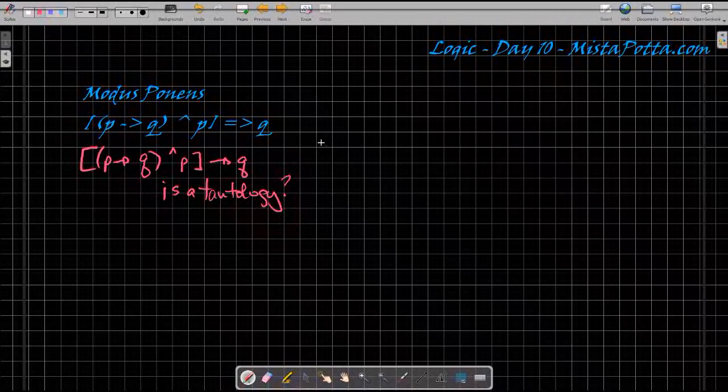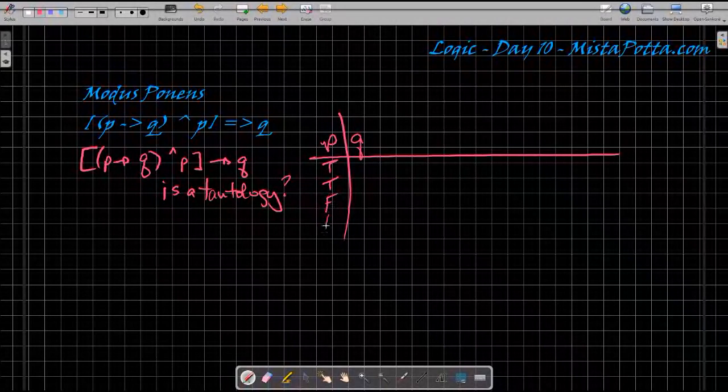So we have two statements, P and Q. We want to investigate P conditional Q, which we're familiar with already as being true, false, true, true. Only false when the antecedent is true and the consequent is false.